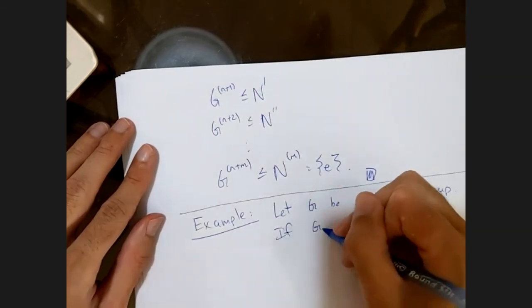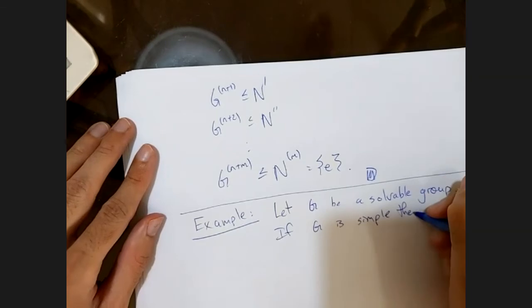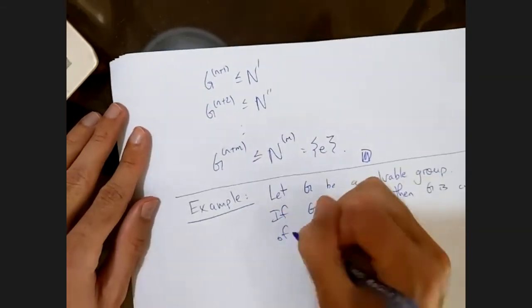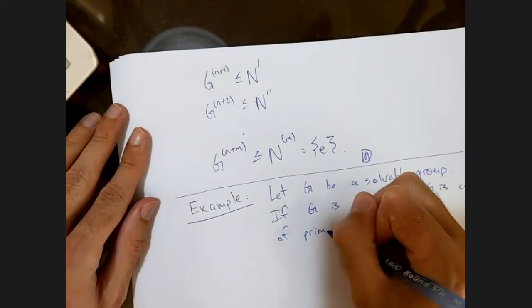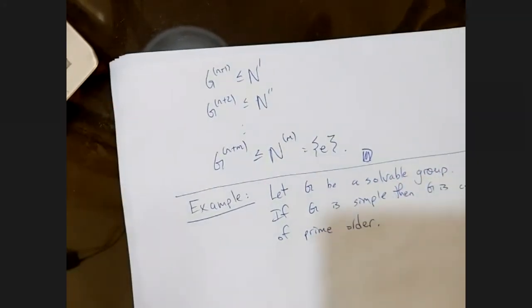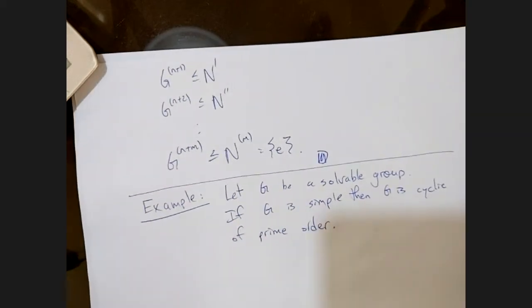Then if G is simple, then G is cyclic of prime order. So the only solvable groups that are also simple are cyclic groups of order p, like a cyclic group of order 5 or stuff like that.